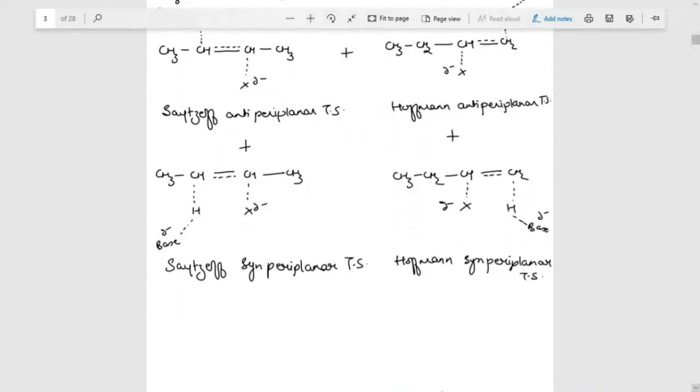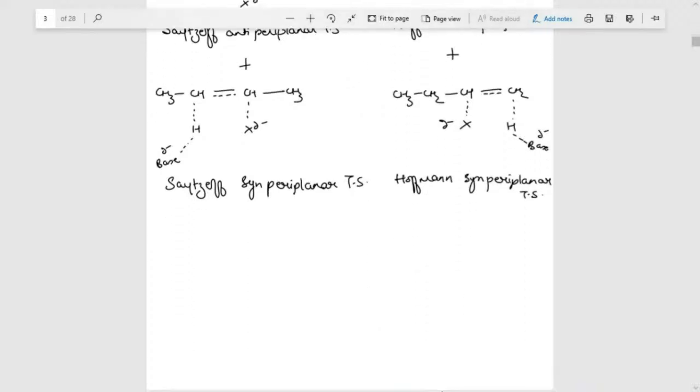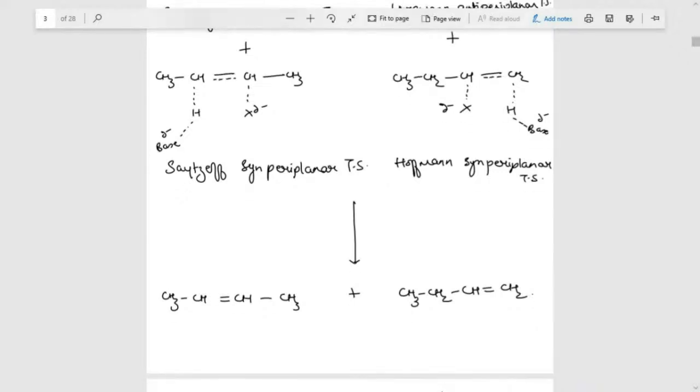As and when they all complete, when these transition states proceed to final products, my choices would definitely be formation of 2-butene in my given example and formation of 1-butene. These are my possible choices.